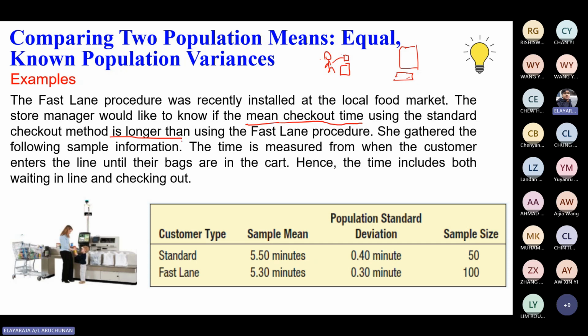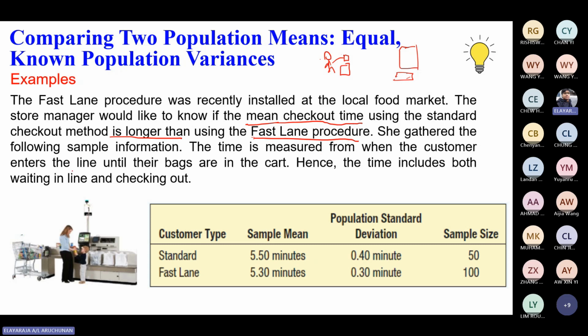Underline all the keywords: longer than. Now she gathered the following sample information.